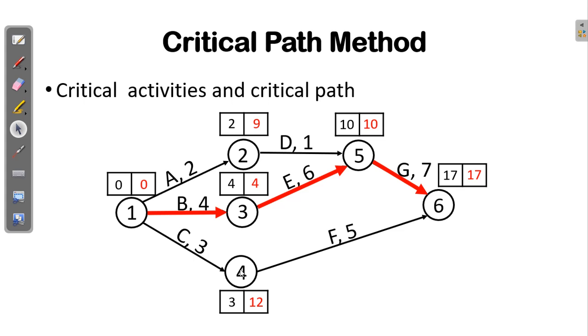So if you need any kind of delay in your activities, you had better go through the other non-critical activities, 1, 2, 2, 5, 1, 4, and 4, 6, depending on the total floats.